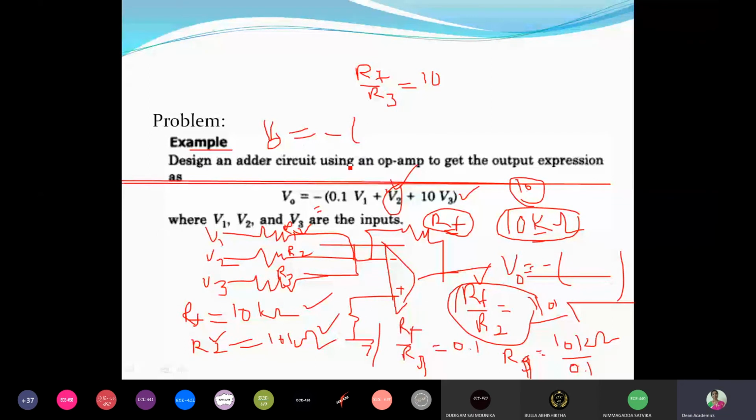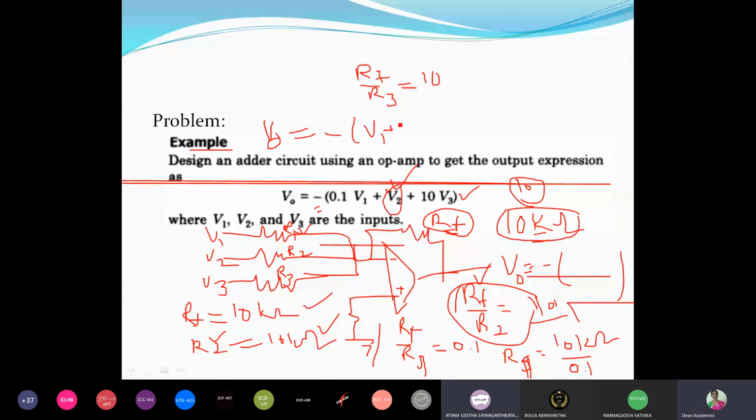Design an adder circuit using op-amp to get the output expression as V0 is equal to minus of, you tell me the expression, any one of you. V1 plus V2 plus V3 by 3, ma'am.